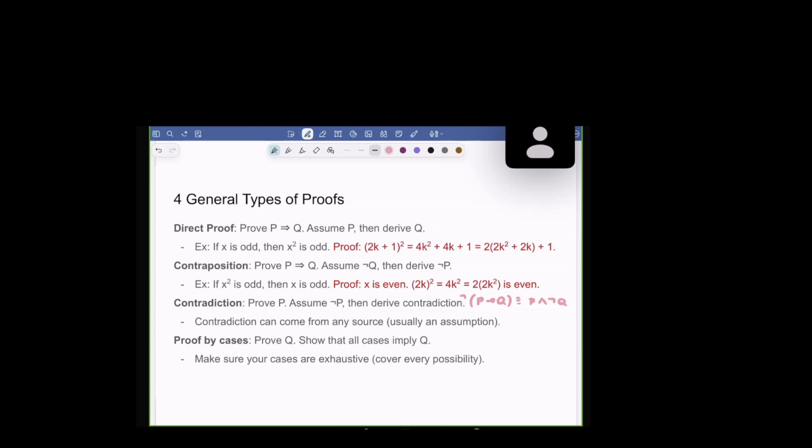You assume P and not Q, and then using that you derive a contradiction.